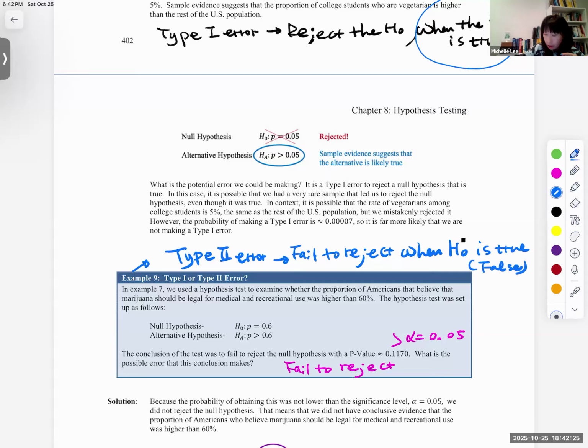We focus on when the alternative is not true. If it's false, then we're supposed to reject, but we fail to reject. Make sense? All right, so we are done.